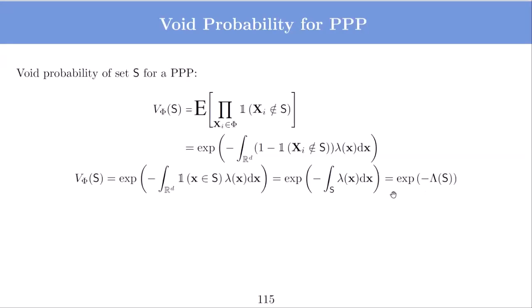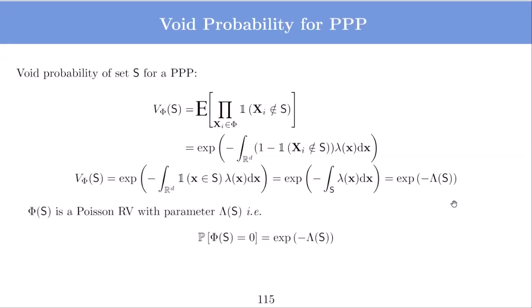And if this is a uniform Poisson point process, then you will just get small lambda into the size of S, because for a uniform Poisson point process, the expectation measure is just the density multiplied by the size of the set. So this is the void probability of the set S for PPP. And by this method, you can compute it for any point process whose PGFL you know.